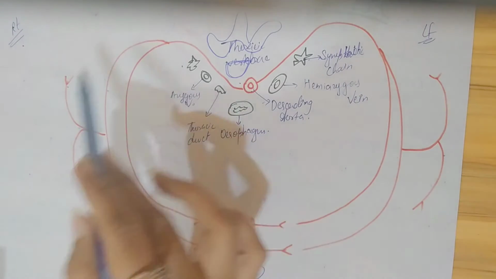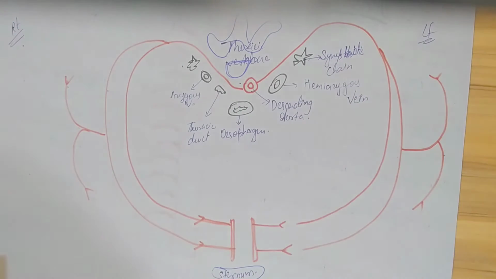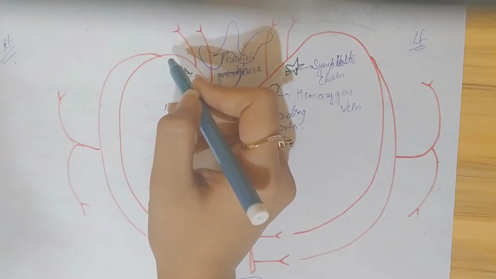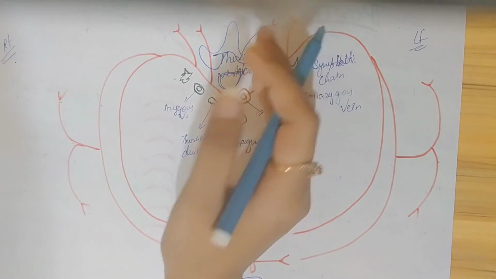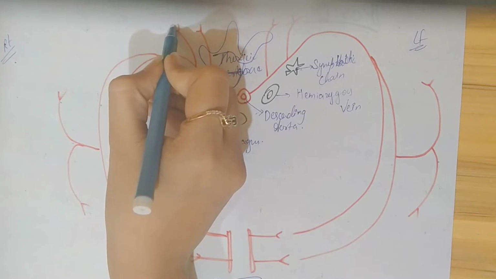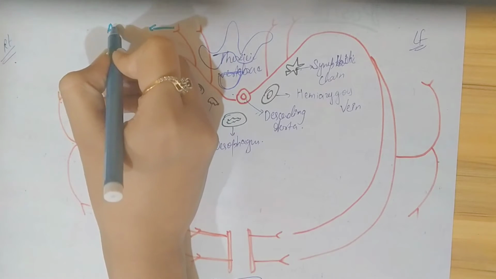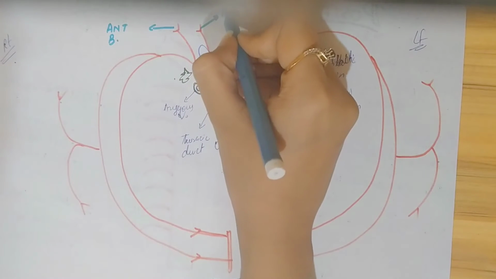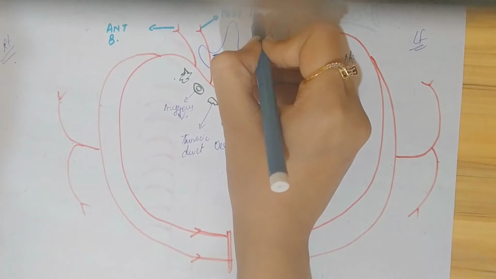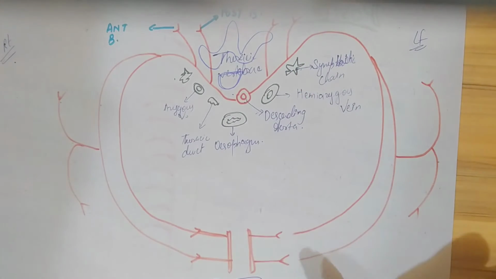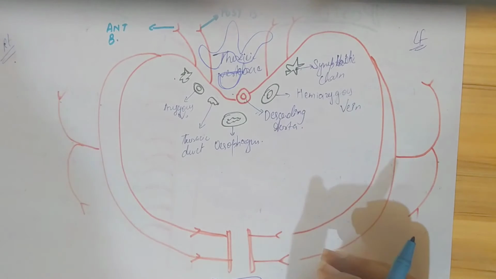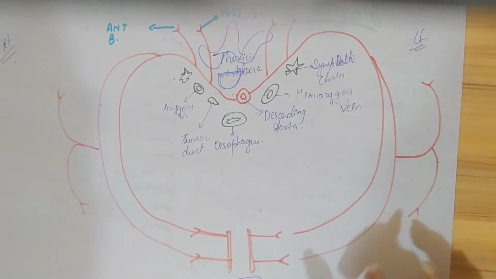Now coming to the branches of the posterior intercostal artery. First we have these two branches: the anterior ramus or branch and the dorsal branch. Here we have our anterior branch and here we have our posterior branch. First we will name all these branches and then we will see where they supply. Then we have our lateral cutaneous branch.